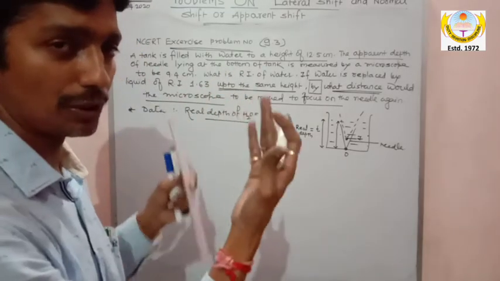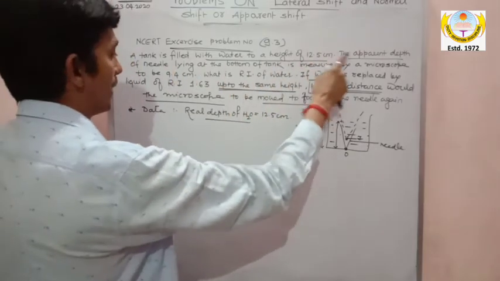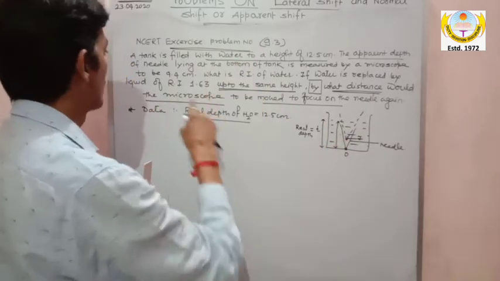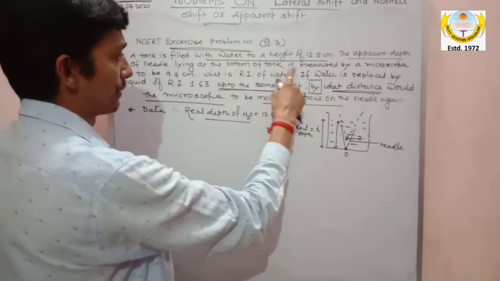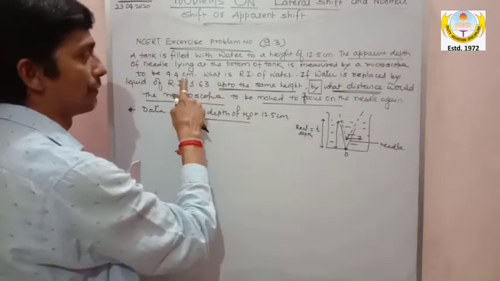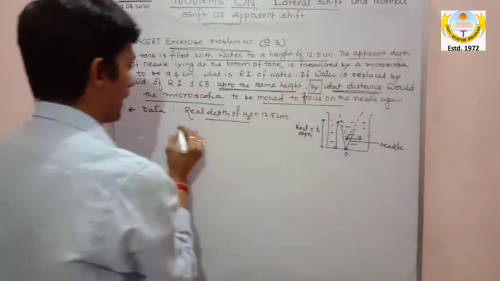Look at what the question is asking. So here apparent depth, so medium is two also, again water and needle. Okay. The needle lying at the bottom of the tank is measured by a microscope to be 9.4 centimeter. Which depth? Apparent depth.